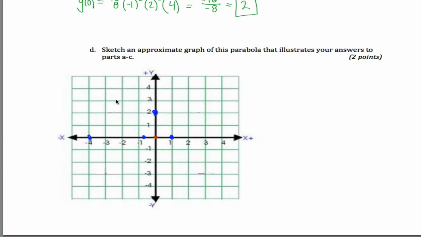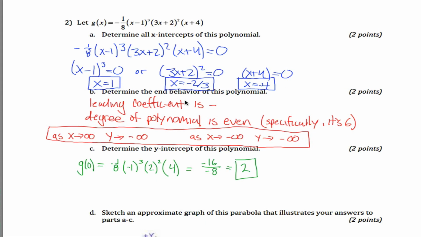So you might be like, okay, nice, just kind of draw lines going through all those dots. Well, you got to be a little bit careful. The multiplicity of this root is even. What I mean by that is this negative 2/3 comes from this factor, and the degree of that factor is 2. The degree of this factor is 1, and the degree of this factor is 3.